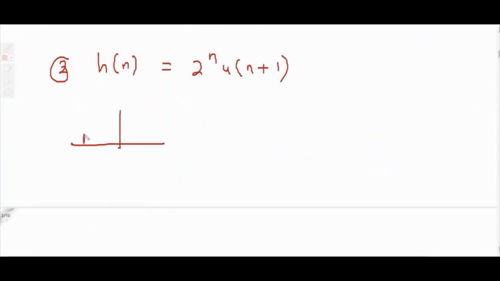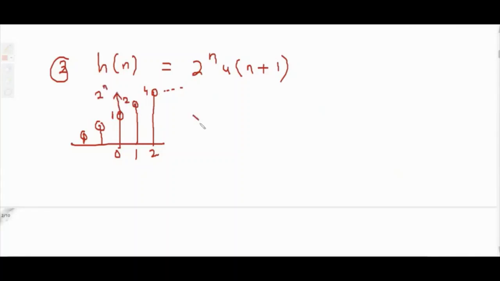This is the graph of 2 raised to n. 2 raised to 0 is 1, so at n equal to 0 the value will be 1. 2 to the power 1 is 2, 2 to the power 2 is 4, like that its amplitude will increase. So this is the sketch of 2 raised to n.